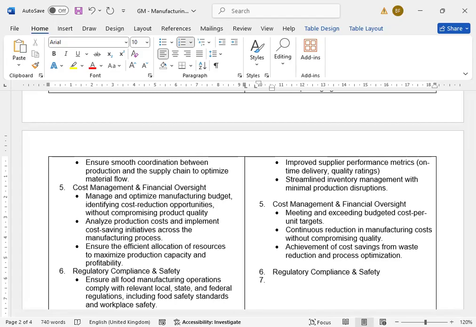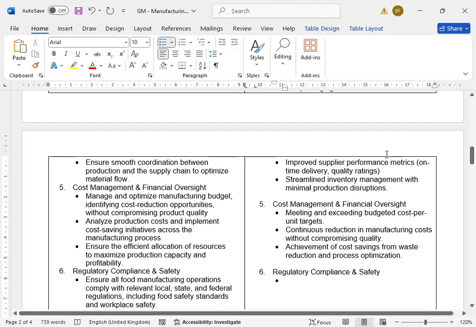Okay, let's do it. Again, let me align it. Align this one too. Okay.